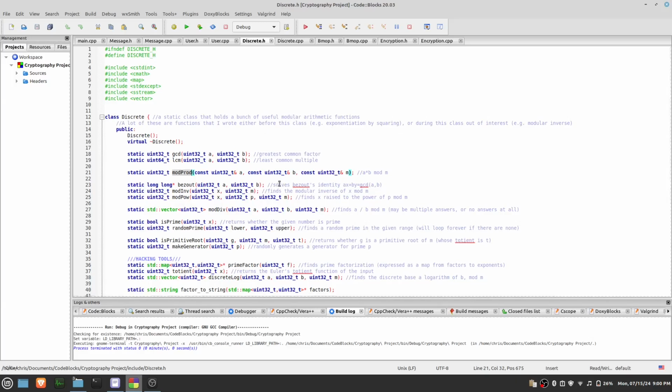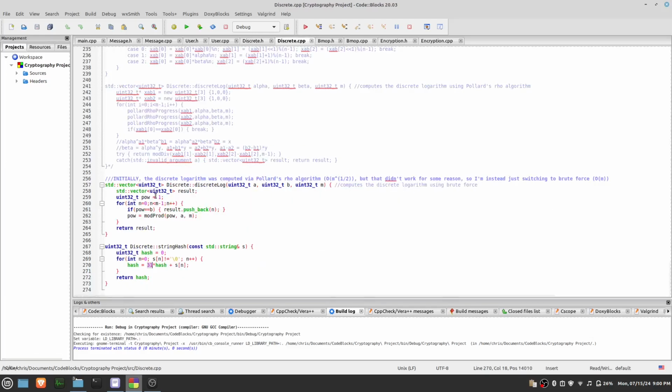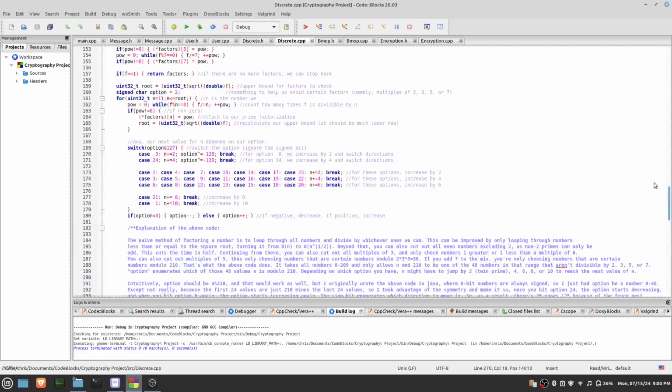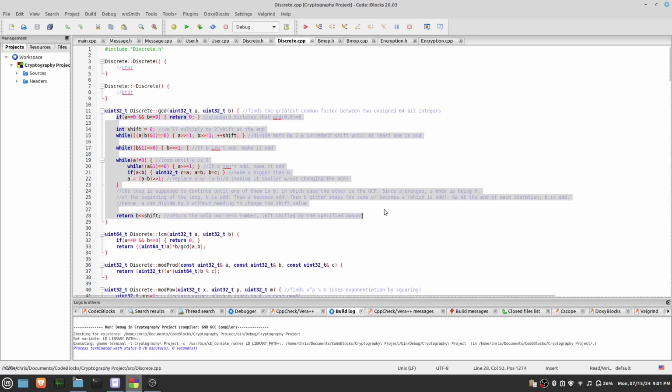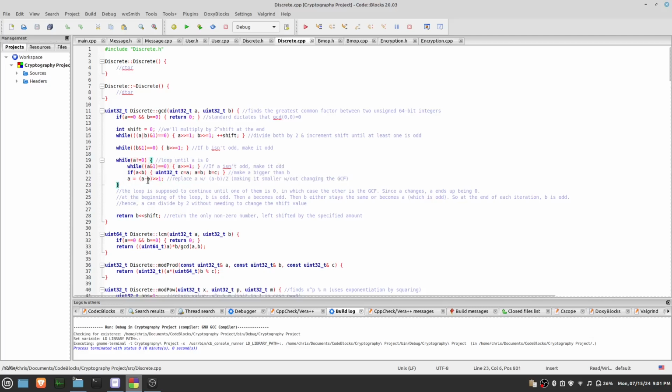So, I need to plug in my device. So we have discrete problems, and I should just show the code as is instead of the header file. So we have GCD, and this is sort of a fusion between code I found on the internet and code that I wrote myself. I've made this and fine-tuned it over the years, but I sort of got the idea from someone online.